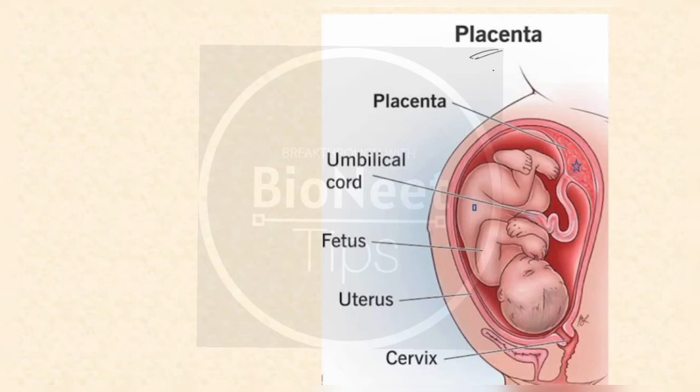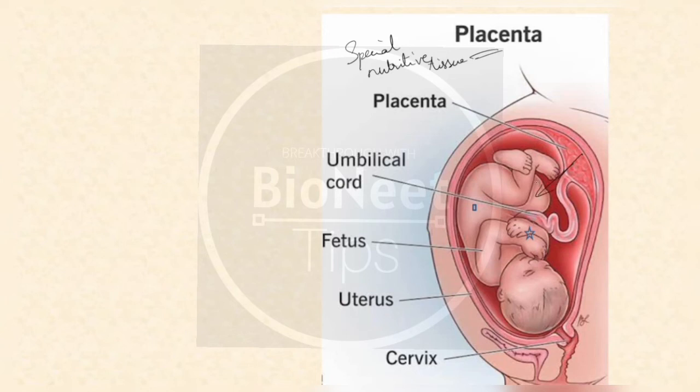It is a special nutritive tissue that is formed during the period of pregnancy for the nourishment of the embryo. This placenta helps in the exchange of gases, exchange of antibodies, and providing nourishment. Everything happens from the mother to the child with the help of this placenta.